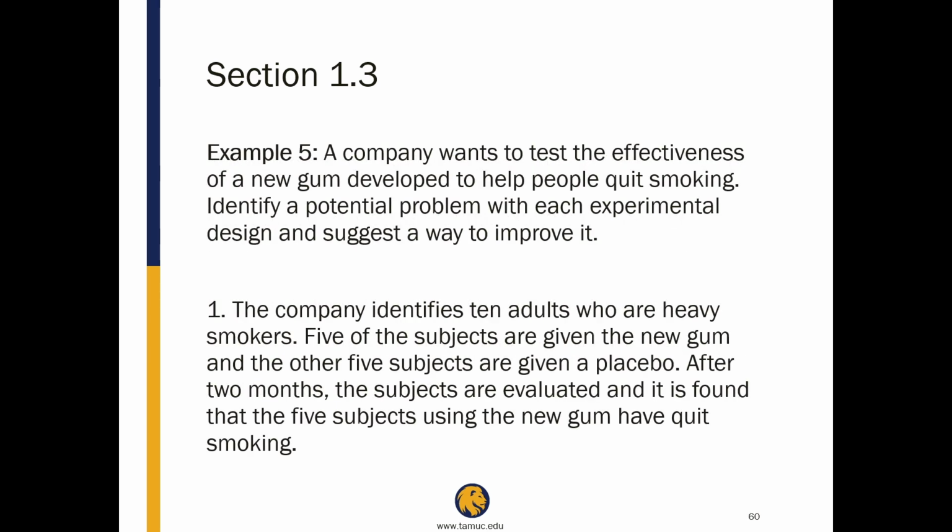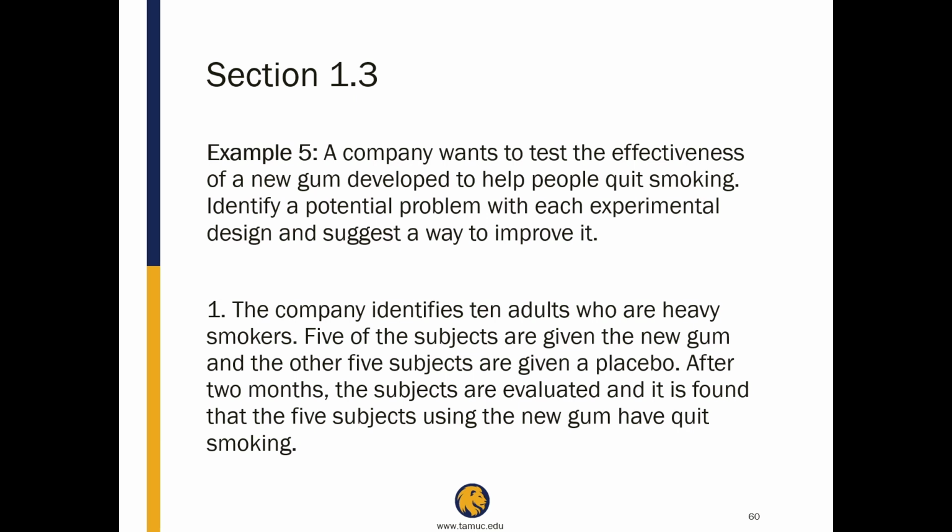This one says, a company wants to test the effectiveness of a new gum developed to help people quit smoking. Identify a potential problem with each experimental design and suggest a way to improve it. So they're trying to test a treatment, a new gum developed to help people quit smoking.